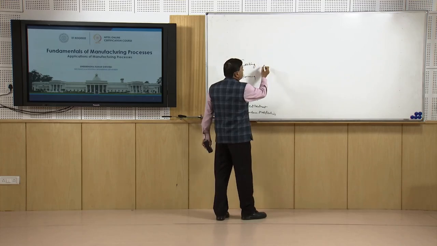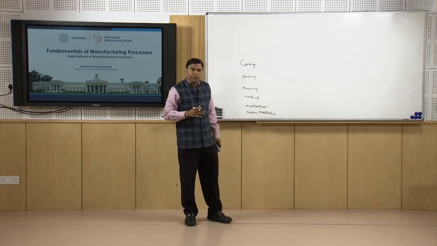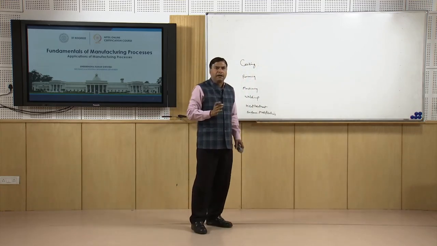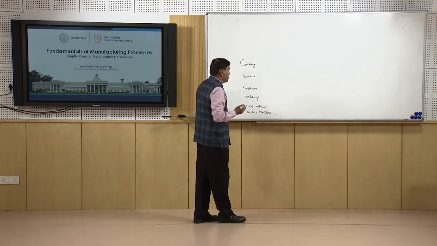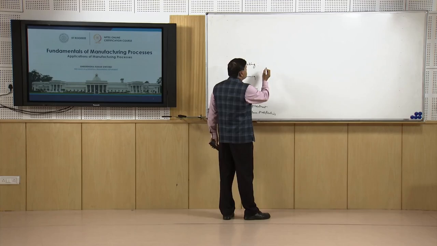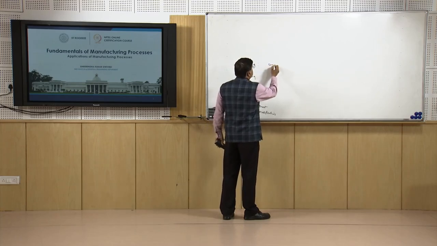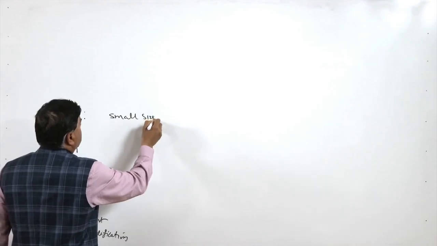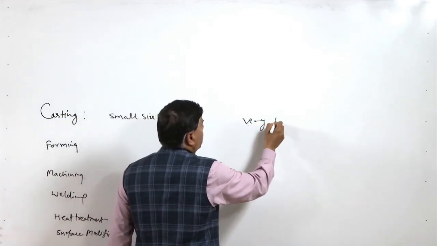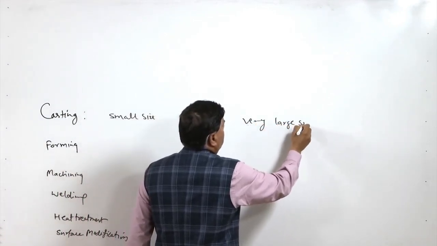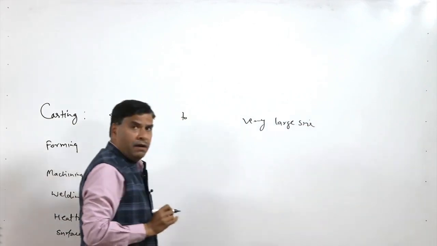Casting, we know that in case of casting we have to melt the metal and put the molten metal into the mold so that the desired shape can be achieved. So, this process is used for making small size to very large size components.